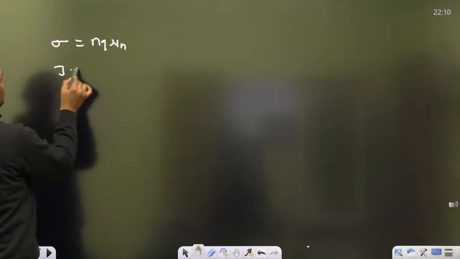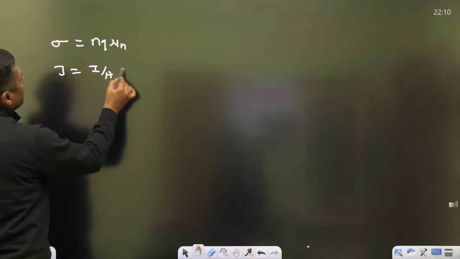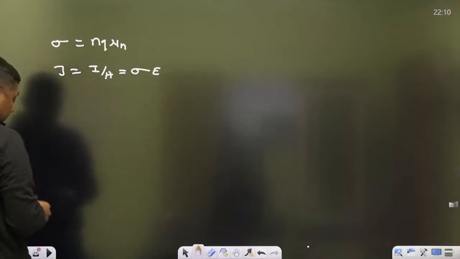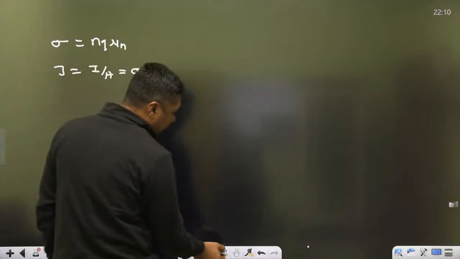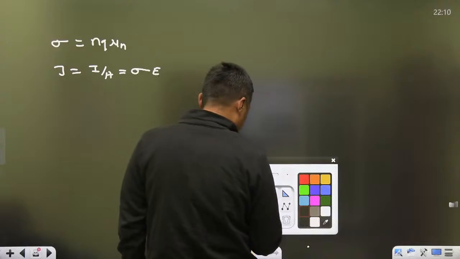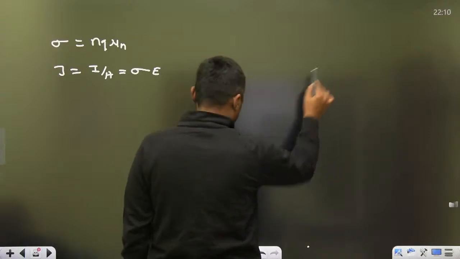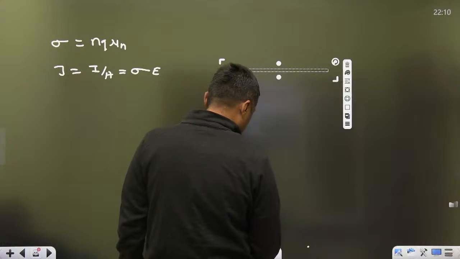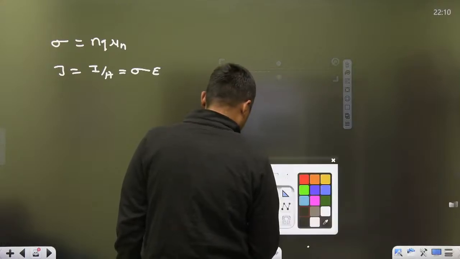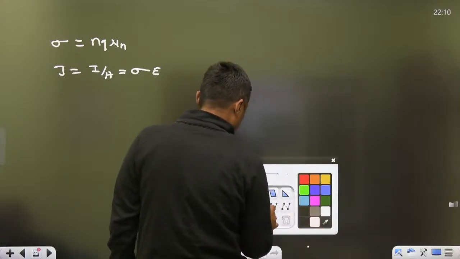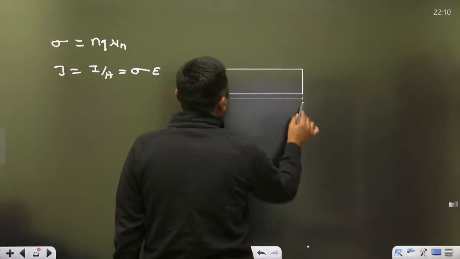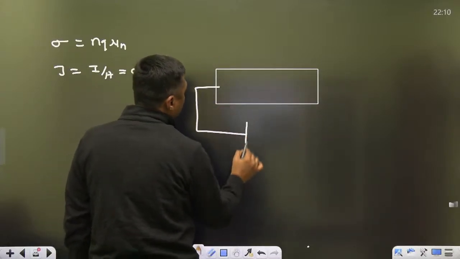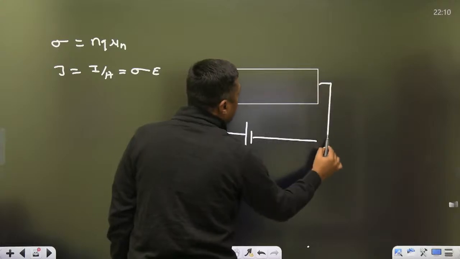And what is J? Current density. Sigma E. You have to use this formula. Then what about the electric field? We are given 5 volt here. That is given in the question.